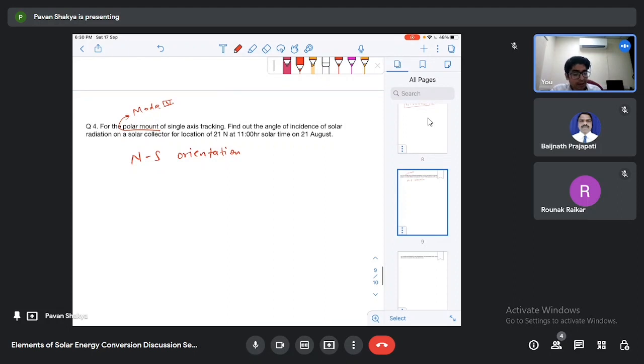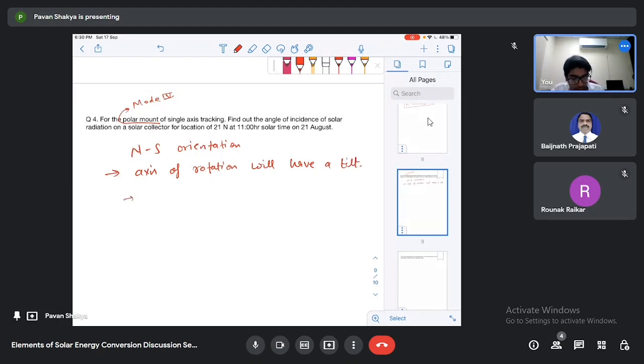Next, this axis of rotation is given a tilt angle. So this axis of rotation will have a tilt, and this tilt angle will be the latitude of the location.